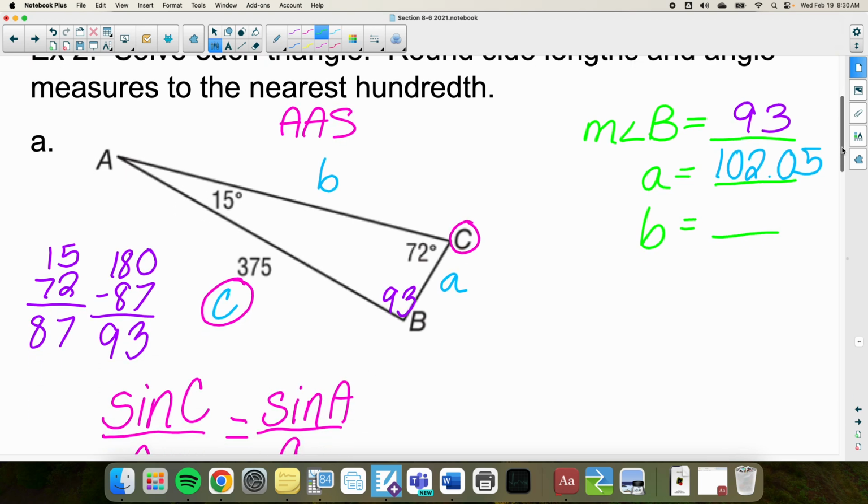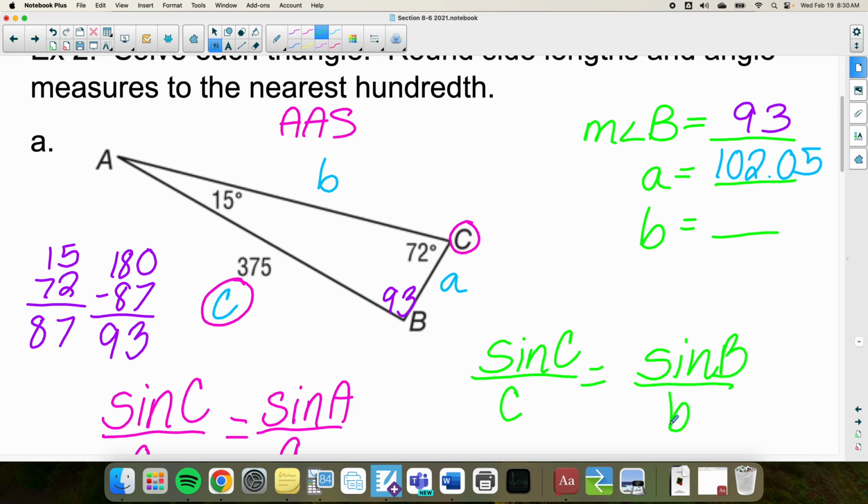We have to find sine of b. And again, we're gonna use sine of c over little c because we know those two. So sine of c over little c equals sine of b over little b. Okay.